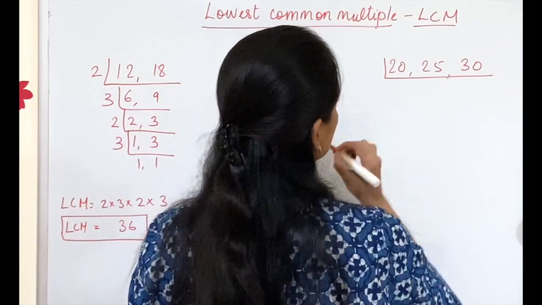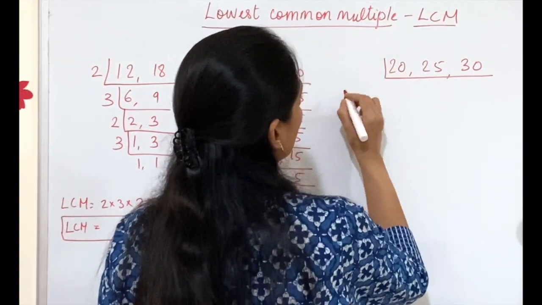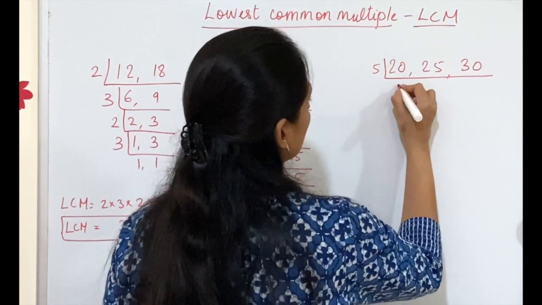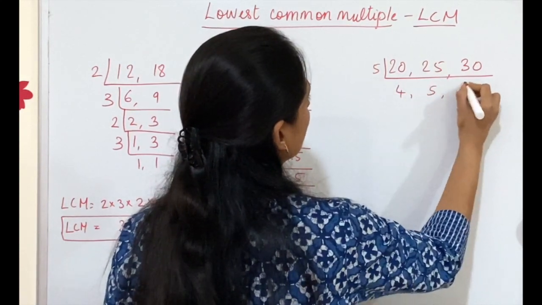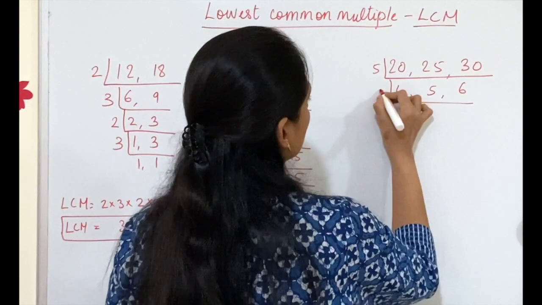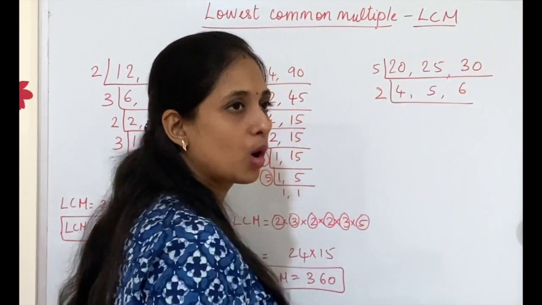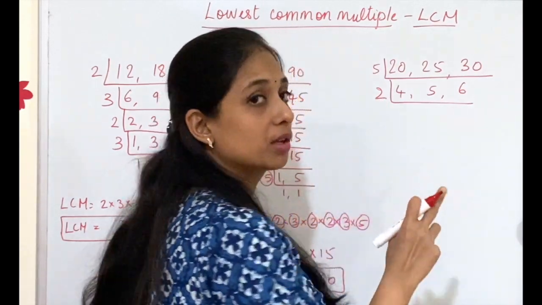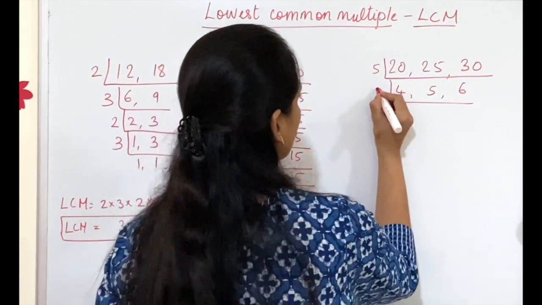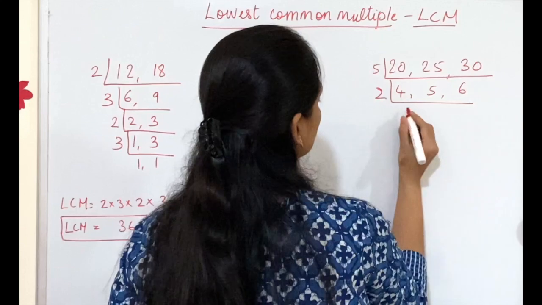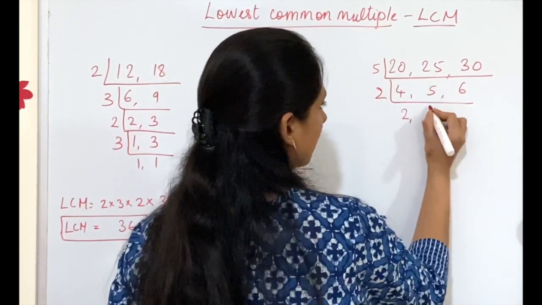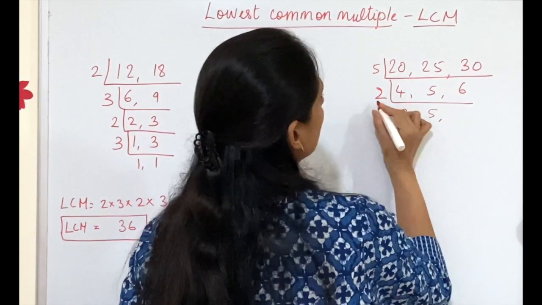Now, okay, I have 5 as a common factor. 4, 5, 6. If I have common factors for 2 numbers, you can write that. Or even for one number, you can continue writing. Okay, 2, 2. If this is not divisible by 2, I will write as it is.